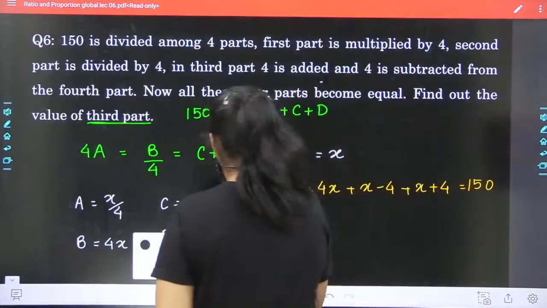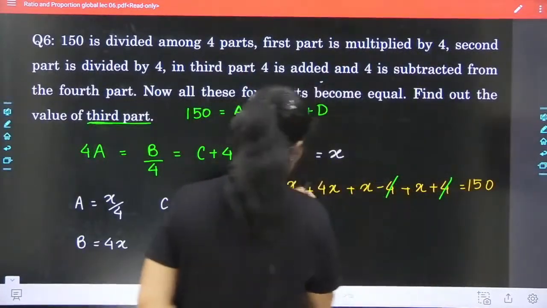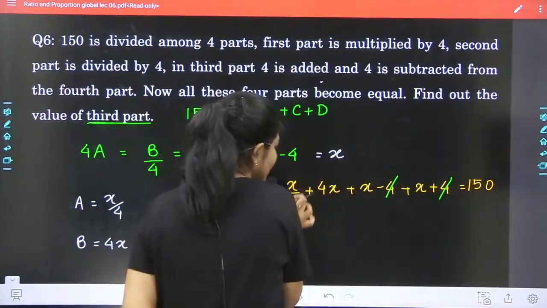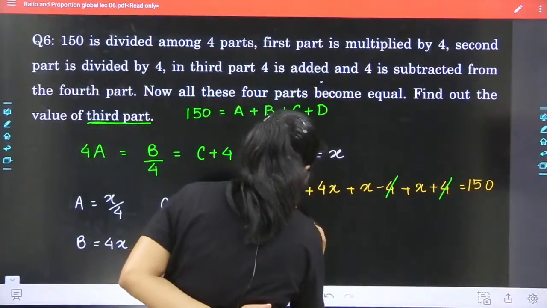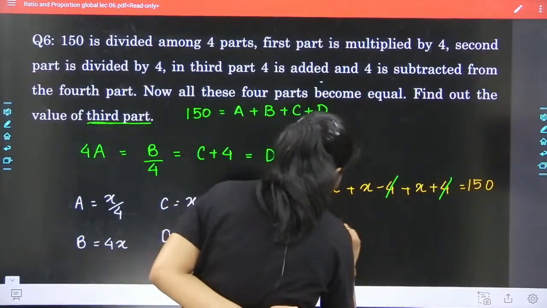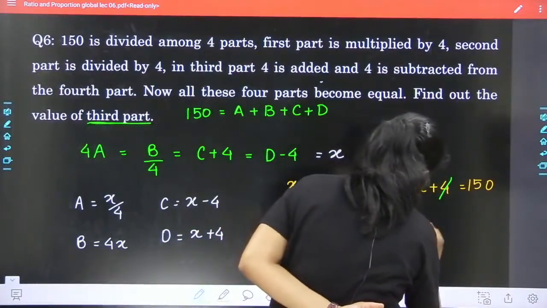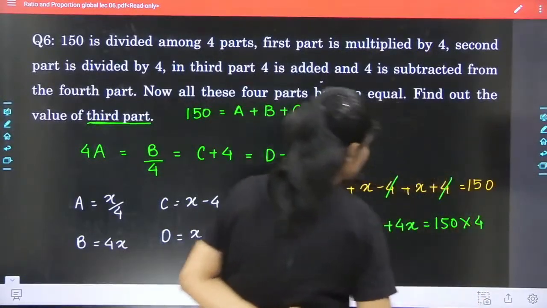Right? So I can eliminate these two terms, take the LCM, and shift the denominator over here. So I can write it as x plus 16x plus 4x plus 4x is equal to 150 into 4, that is equal to 600.